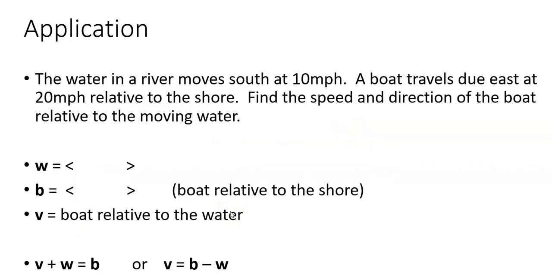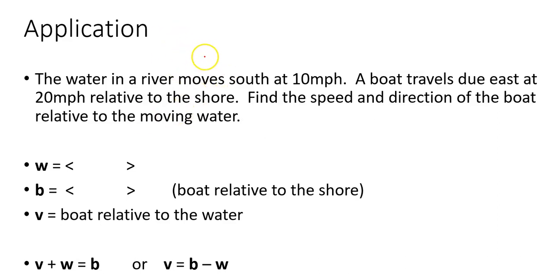All right, water in a boat. The water in a river is moving south at 10 miles an hour. The boat is traveling due east at 20 miles an hour relative to the shore. In other words, the water is moving, the boat's moving, but the shore is not moving. So I'm going to take my boat speed relative to the shore. Now I want to find the speed and direction of the boat relative to the water. Well, I'm operating in 2 dimensions here.